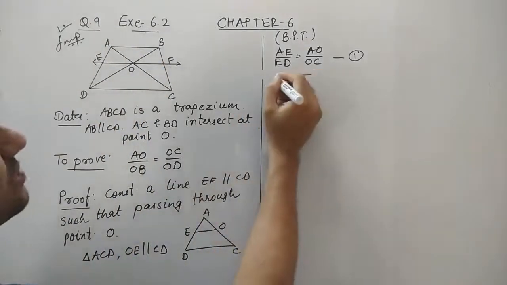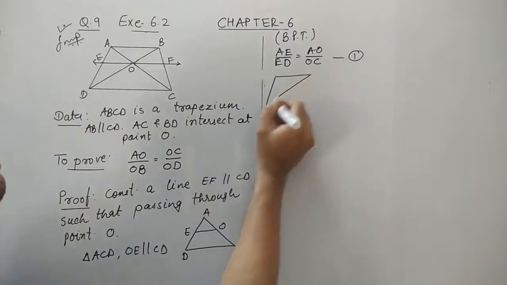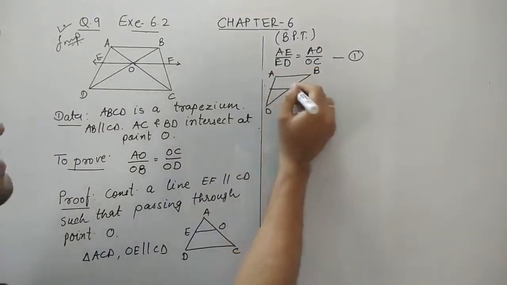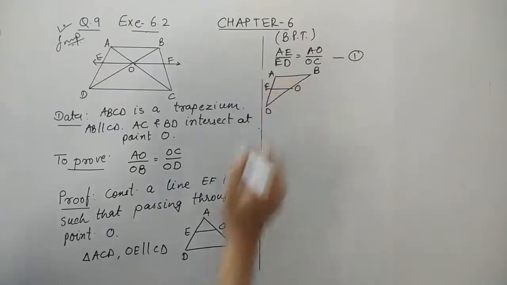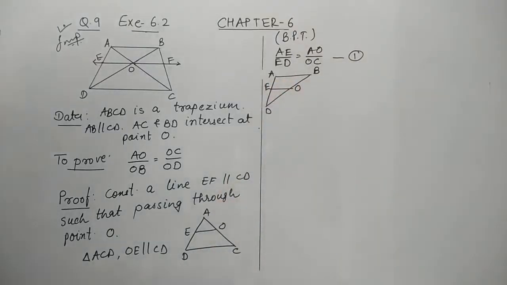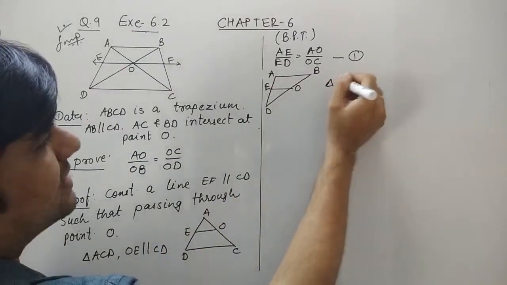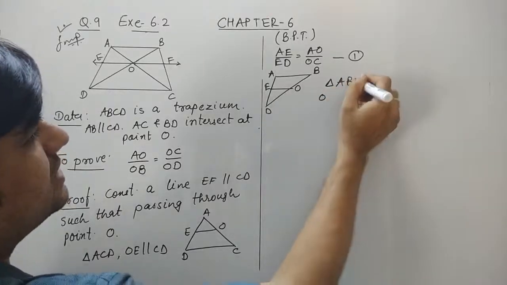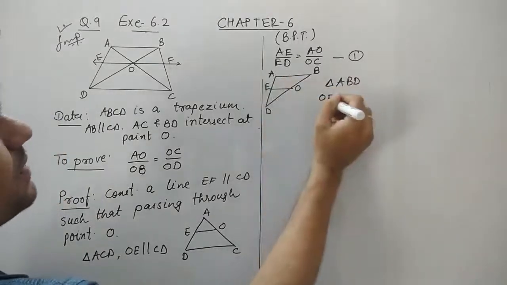Look at here, which is very important. I'll take this triangle ABD where OE is parallel to AB. यहाँ पे जो line parallel थी CD को, the same line, for triangle ABD, we can say that OE is parallel to AB.